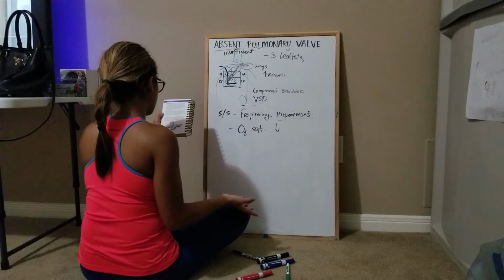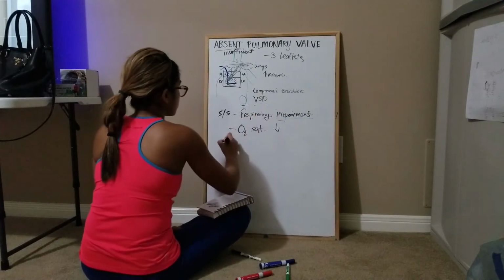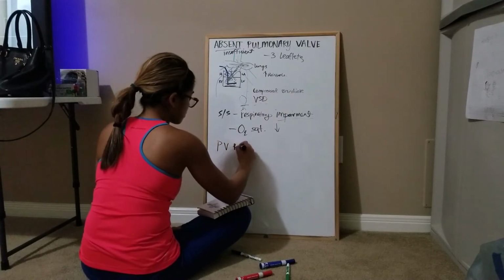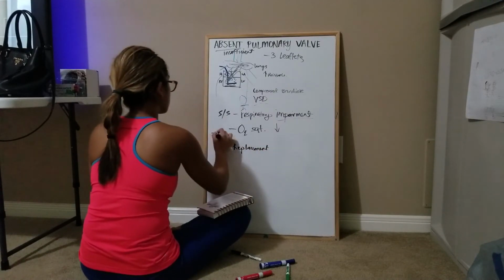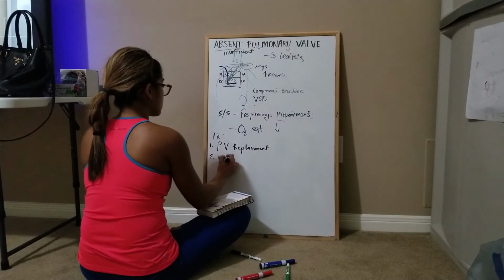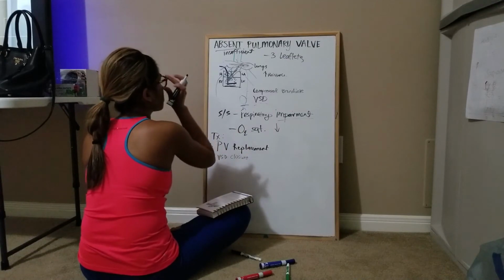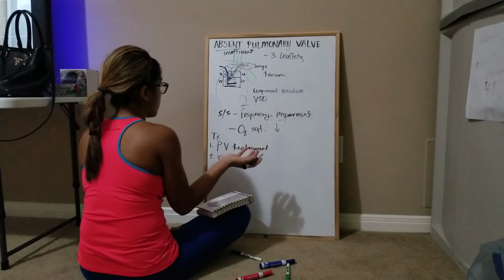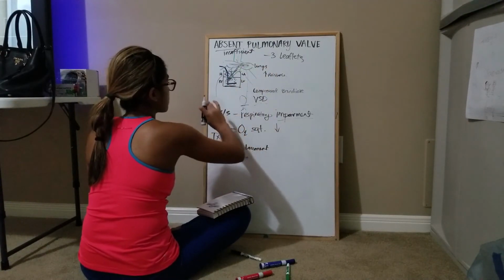So therapy with this is pulmonary valve replacement. These are our treatments: pulmonary valve replacement and VSD closure. They replace this valve here to make it a functioning valve so that our blood flow is not impaired.